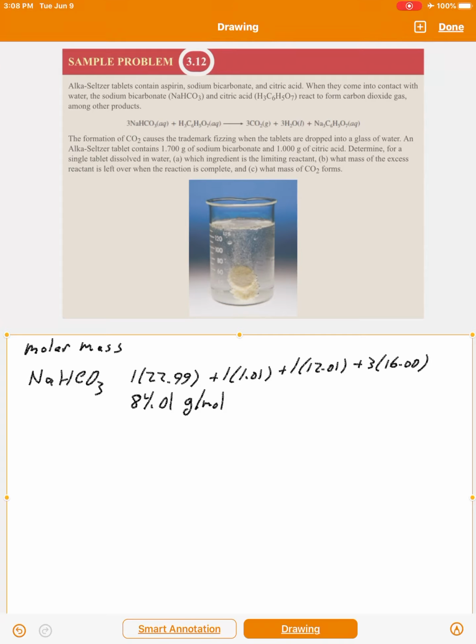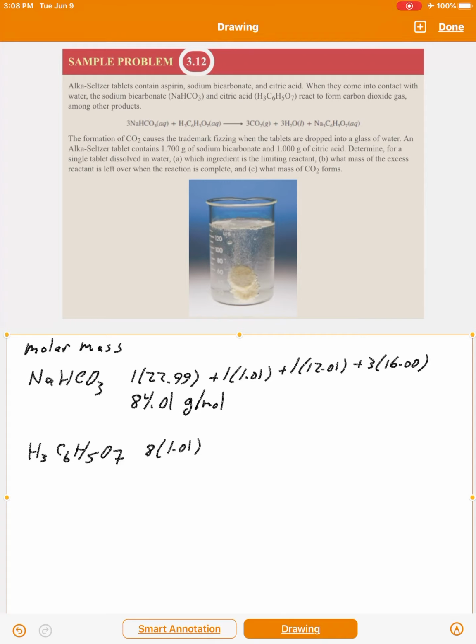Now let's do the citric acid. Citric acid is H3C6H5O7. So there's a total of 8 hydrogens. Now you might ask, why do they put 3 hydrogens at the beginning and then put another 5 in the middle? That's to tell us that this is an acid.